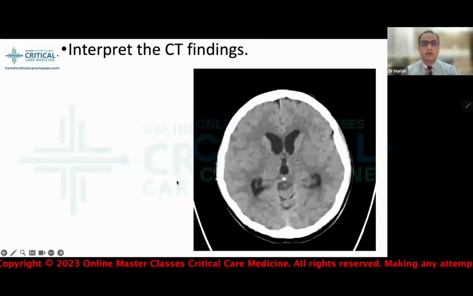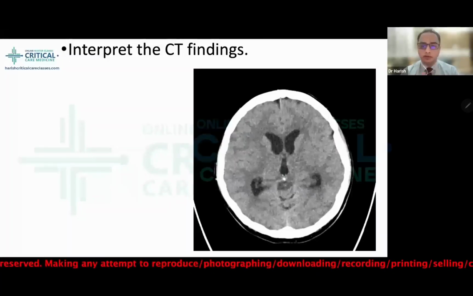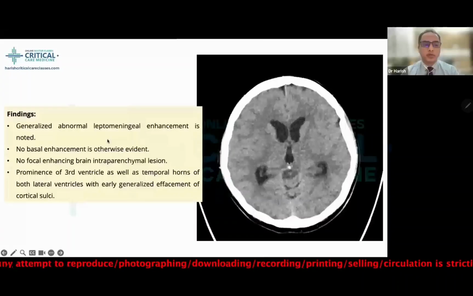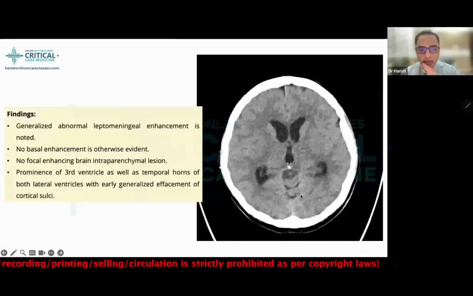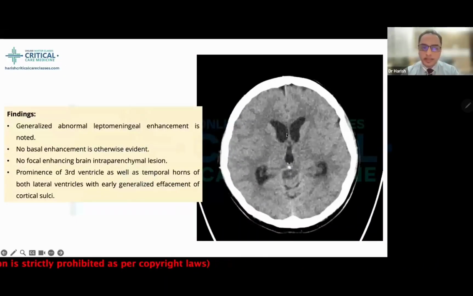Very, very important. In our young gentleman, we got this CT. Interpret the CT. What is happening in this CT? Generalized abnormal leptomeningeal enhancement is there. No basal cistern enhancement, which helps in ruling out tubercular meningitis. No focal enhancement in the brain, no intraparenchymal lesion.